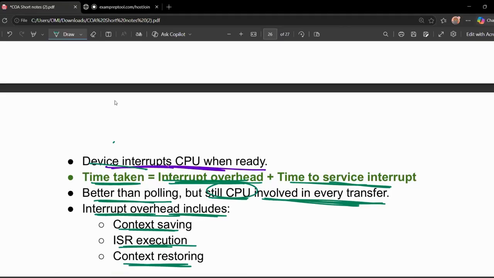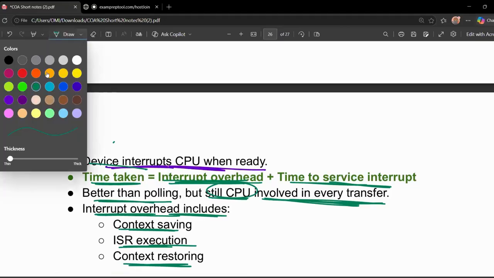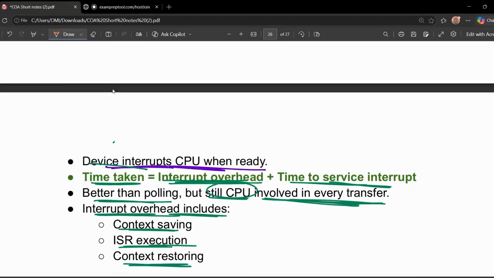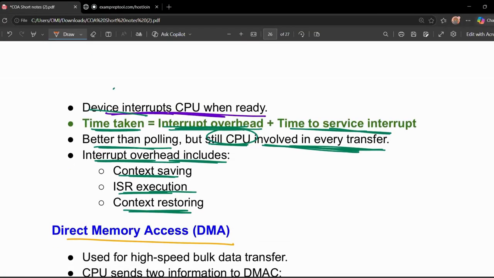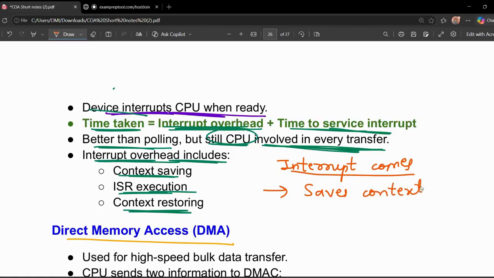If you know how interrupts are executed, maybe you have done it in your operating system course, but let me write the high level steps here. What happens when an interrupt comes? Before saving the context, you execute the current instruction, and then you save the context into the stack.